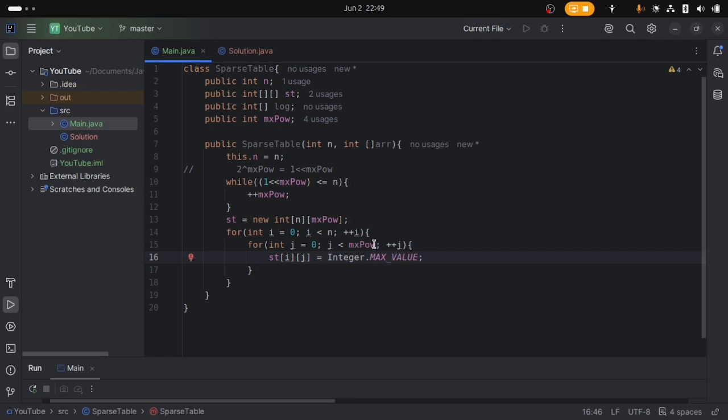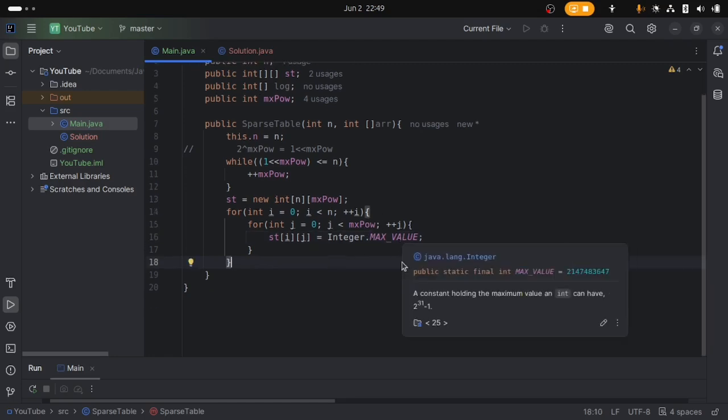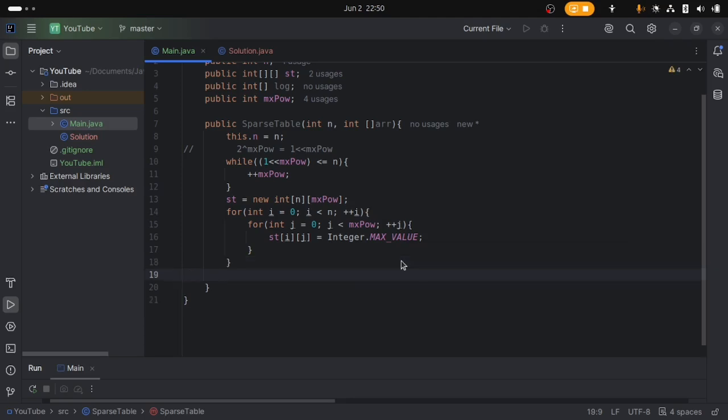Currently, we are dealing with integers only, so I will be declaring the max value of integer. If there is long, you may declare long max value in Java, and in C++, I think it's LONG_MAX, something like this. I don't remember.